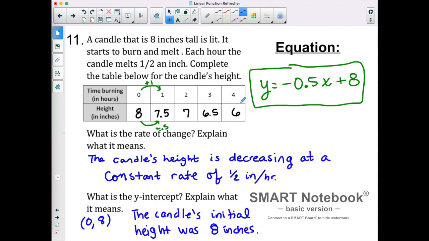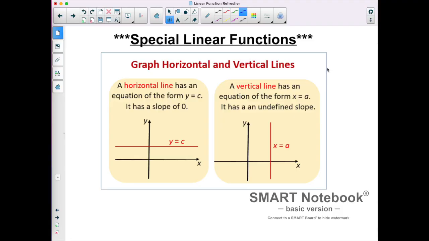So whether you're given a graph, some scenario, a table, or just even 2 points, we should be able to calculate the linear equation between those. So lastly, we want to talk about some special linear functions because we do have graphs that are just a horizontal line or a vertical line.